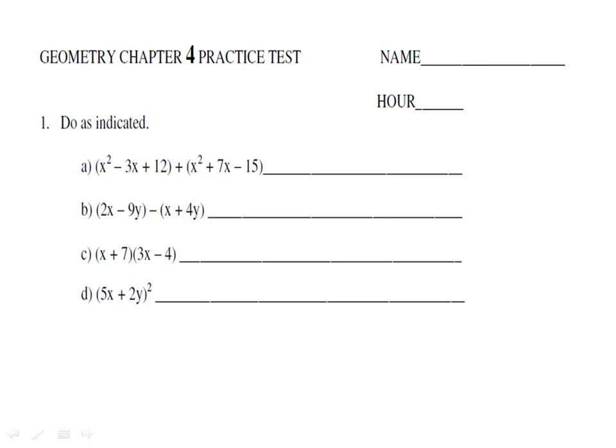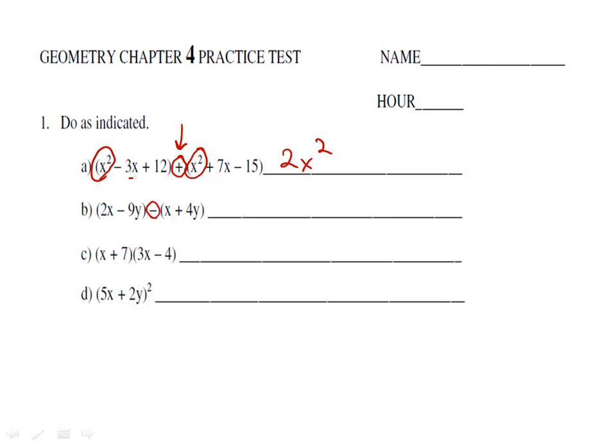Alright. So, algebra review, there are 4 different examples here, and you must look at the sign in between the polynomials to get a clue on how you do these. Notice there's no sign in between these parentheses, meaning that we multiply. But if you see an addition sign here, then you don't even need those parentheses. You can just combine your like terms. So you have x squared and x squared. That makes 2x squared.